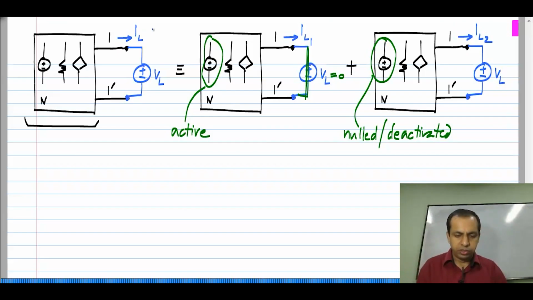My IL in the original case would be the sum of these two cases, IL1 plus IL2. Basically, I have these independent sources, VL and all of the internal independent sources. In one case, I activate all the internal independent sources but null VL, and in the other case, I deactivate all of the independent sources and activate only VL.